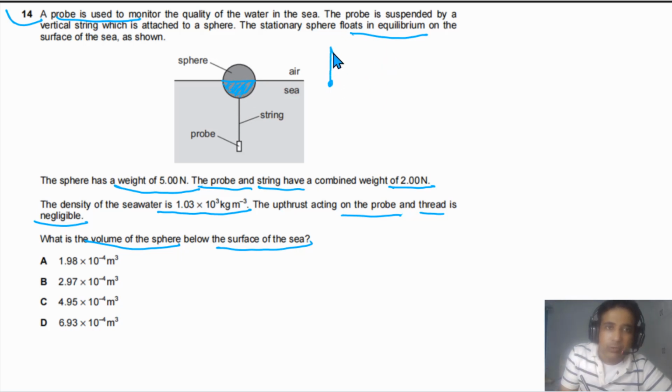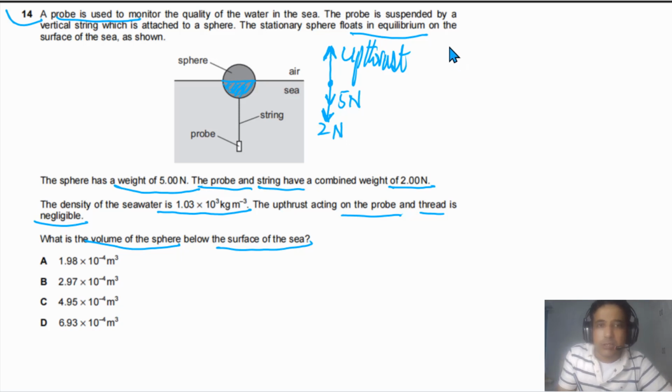The force acting on the sphere upwards is the upthrust, and the upthrust has to be equal to the forces acting vertically downwards. In this case we have two forces acting vertically downwards. One is the weight of the sphere, that is 5 newtons, and the other is the weight of the probe and the string, with a combined weight of 2 newtons acting down.